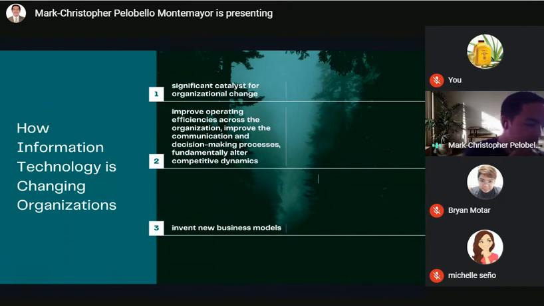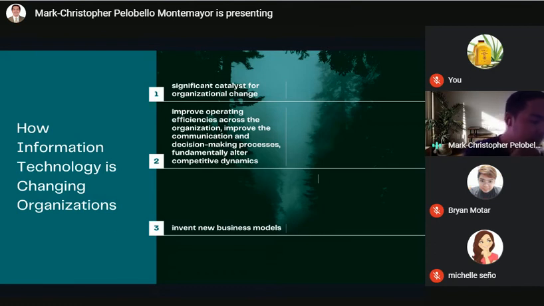Number one, information technology can serve as a significant catalyst for organizational change. Implementation of technology continues to be a challenge for all companies. In the past, organizations saw technology implementation as a discrete occasional task, only occurring when the organization installed new technology or upgraded the existing technology.